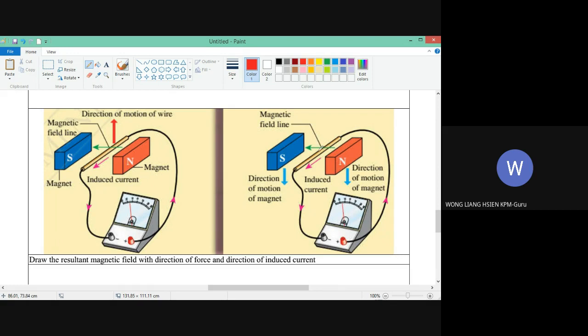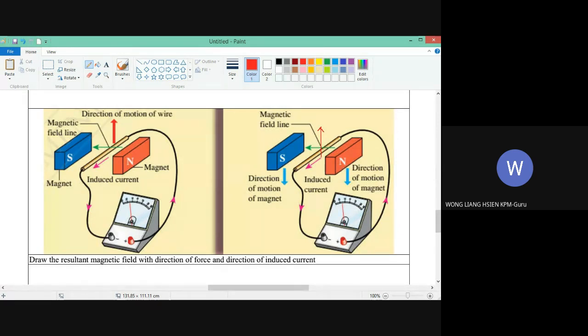It will be the same as the wire moving upward, right or not? So you see the direction of the induced current is also the same. This is moving the wire, this is moving the magnet. Both have the same effect, where the wire cuts the magnetic flux.